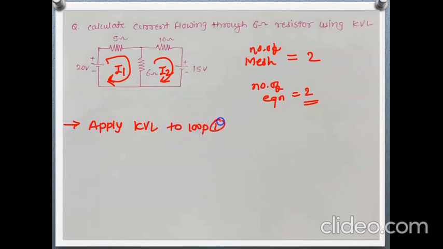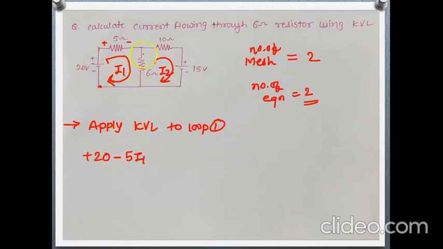Start from this point and come back to this point. Minus to plus, positive, that is a potential rise, so plus 20. Then this will be the plus and this the minus, as current always flows from higher potential to lower potential, so minus 5 into this current I1.